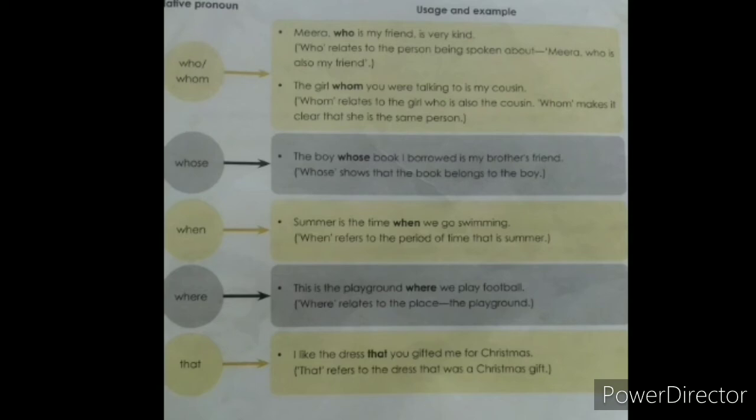Whenever the relative pronoun is followed by a verb, it is a subject-related pronoun. Whenever the relative pronoun is followed by a noun or pronoun, it is an object-related pronoun. Clear?